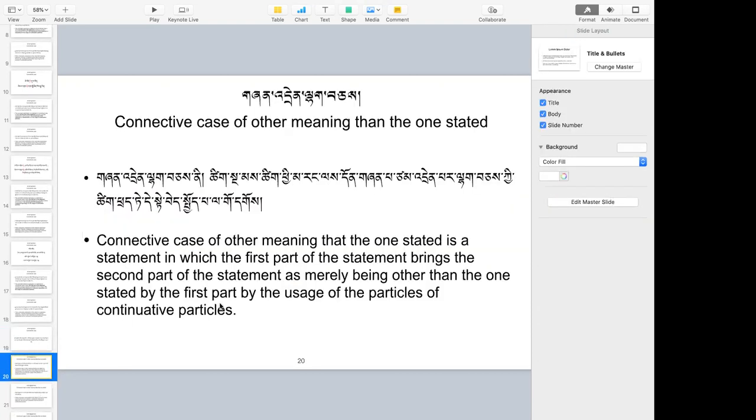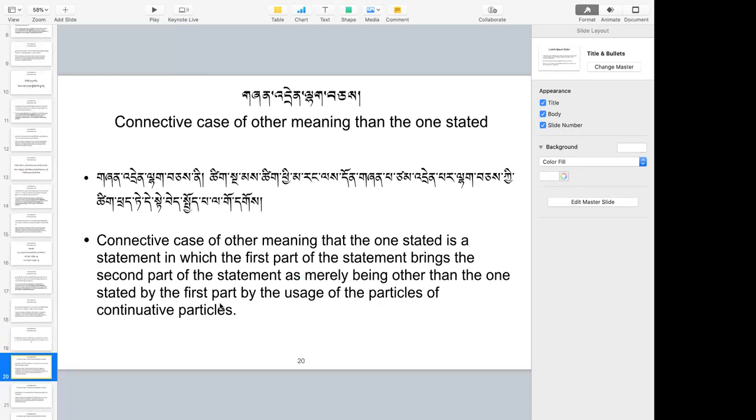Now this is the final usage case of the continuative particle. This is known as the connective case of other meaning than the one stated. So here, the meanings that are provided are other than what is stated. There's nothing different here.